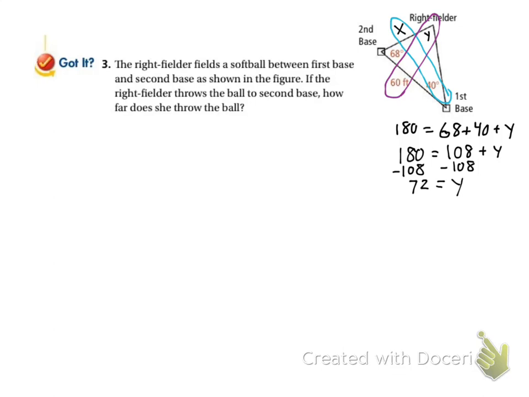So I'm going to go in here. This is 72 degrees. Now I've got my stuff to set it up. So the sine of 72, what I just figured out there, goes over the 60 feet, equals the sine of 40 over X. Now I cross multiply.